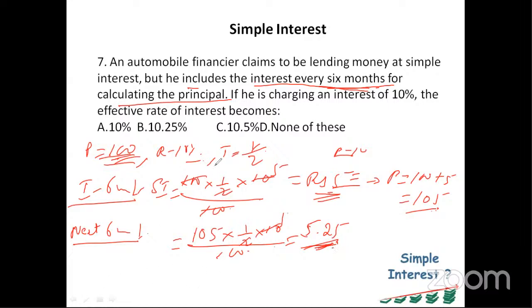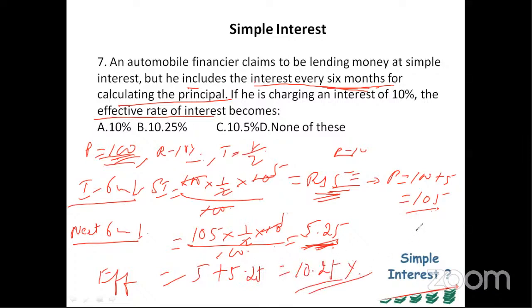Now the effective total rate of interest: if you add, it is 5 rupees plus 5.25 rupees. So 5 plus 5.25 becomes 10.25%. Actually, instead of 10% interest, it is becoming 10.25% interest.